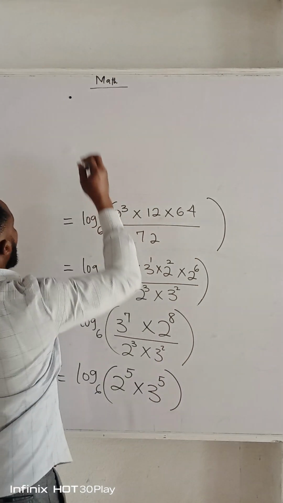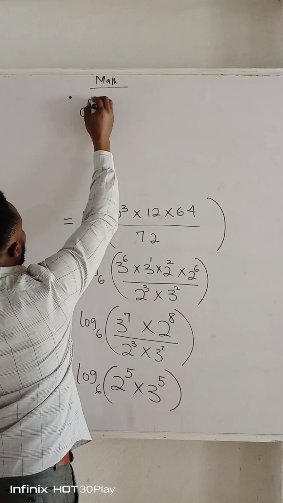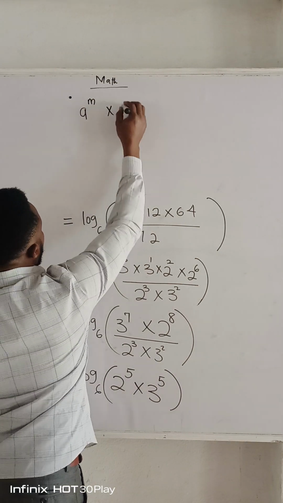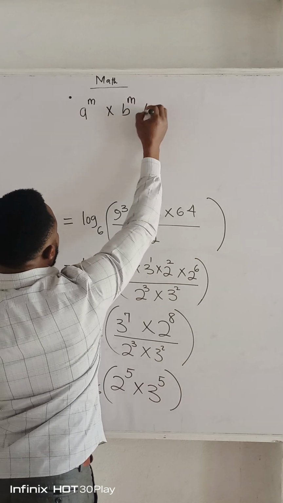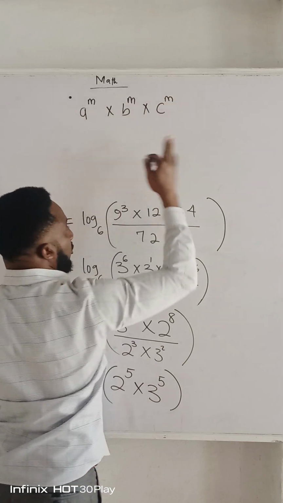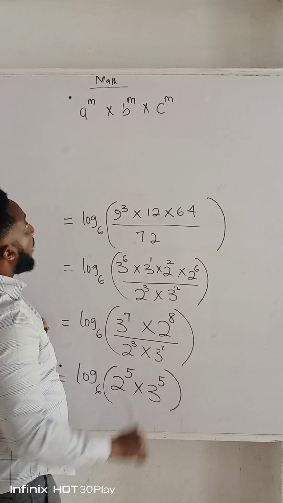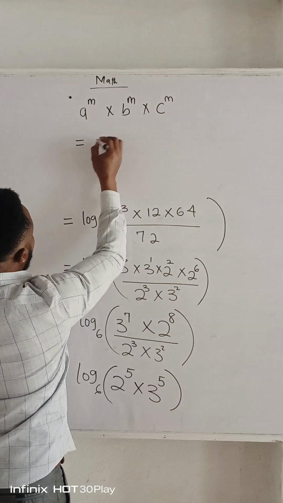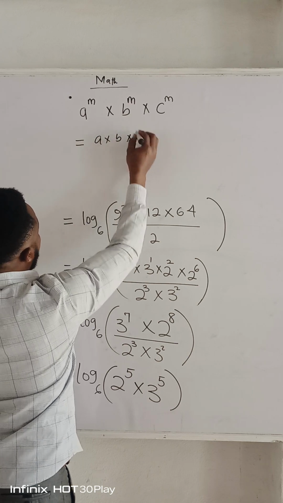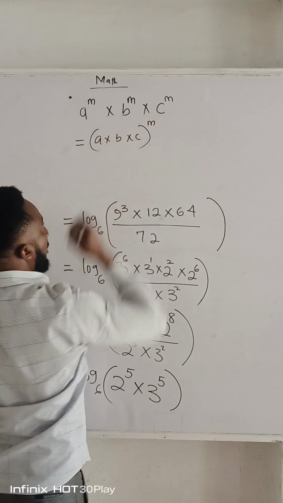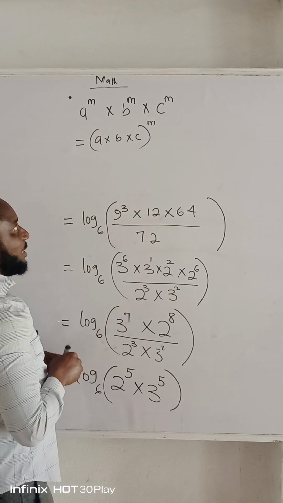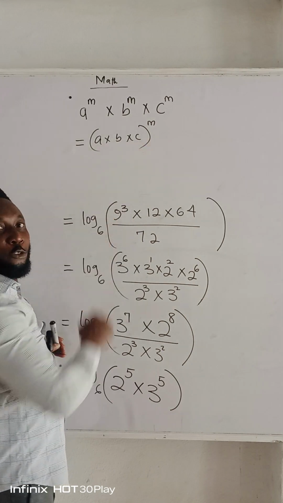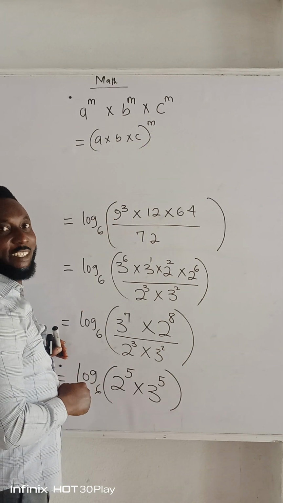An example is this: if I have a to the power of n times b to the power of n times c to the power of n, it could be 4, 5, or more. Because the powers are the same, I will multiply the bases: a times b times c all to the power of n. I call this the reverse product rule of indices.